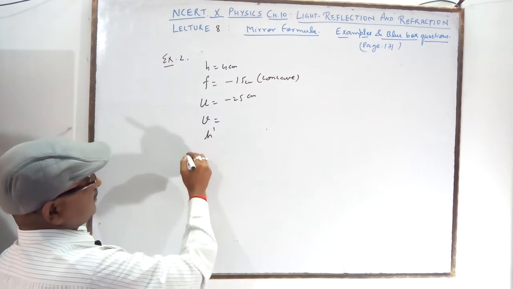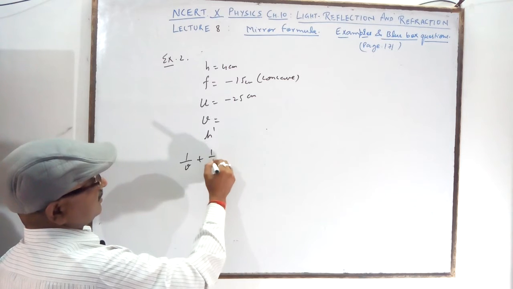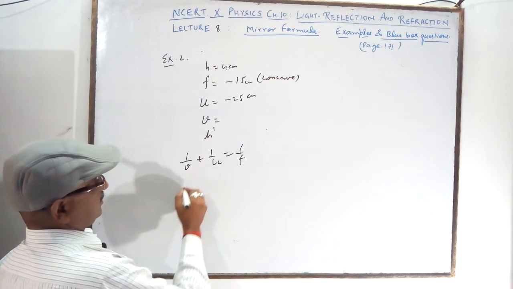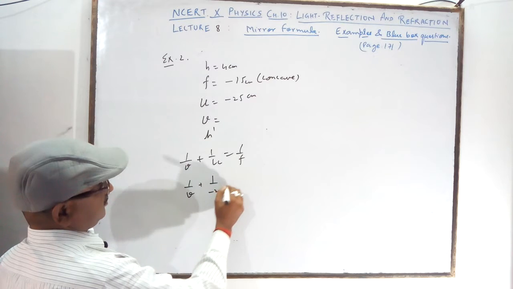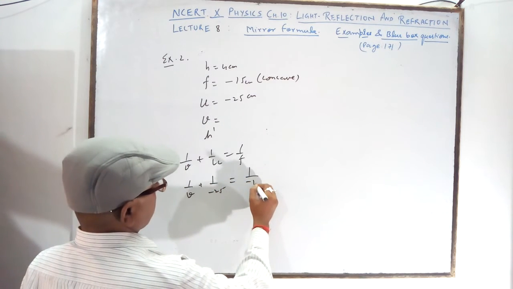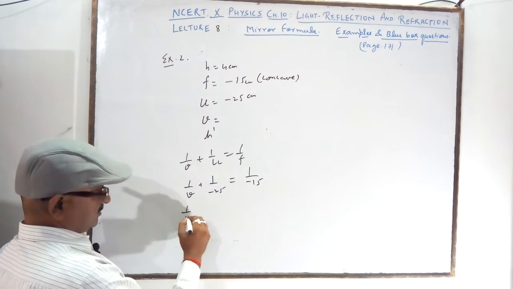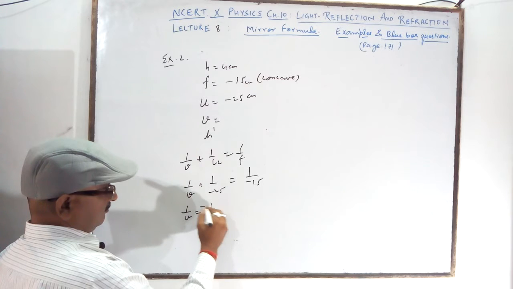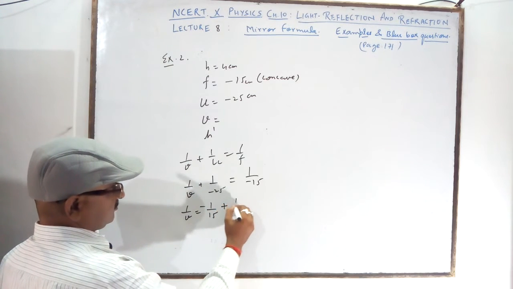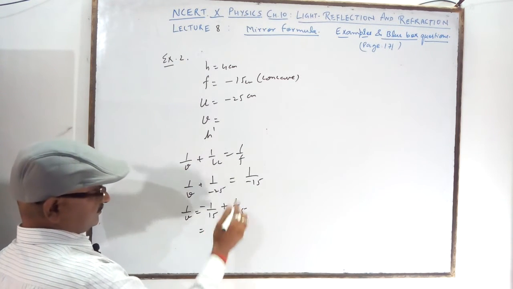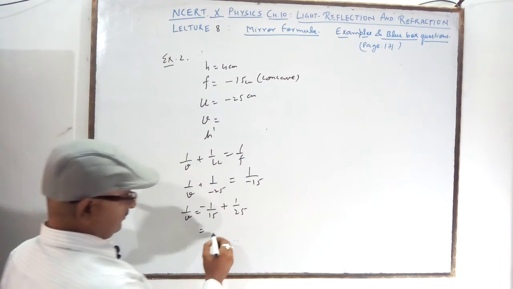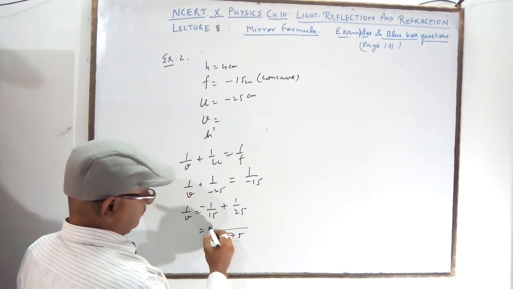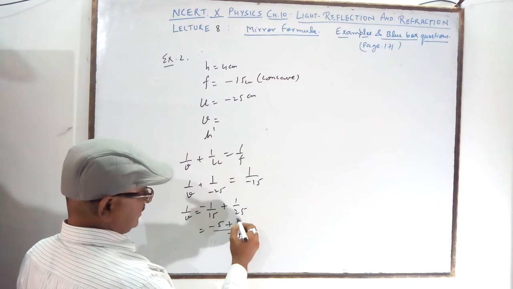So first of all you apply 1 upon V plus 1 upon U is equal to 1 upon F. 1 upon V plus 1 upon minus 25 is equal to 1 upon minus 15. So 1 upon V is minus 1 upon 15 plus 1 upon 25. What will be the LCM? 75 is the LCM, minus 5 plus 3.